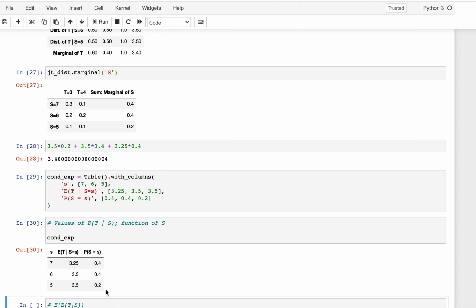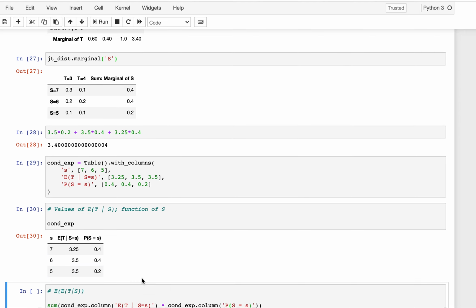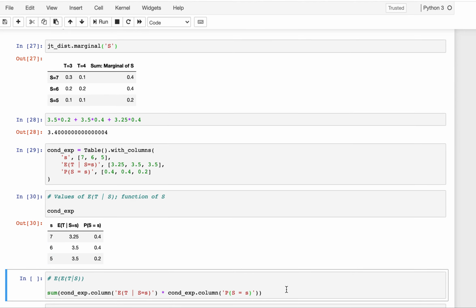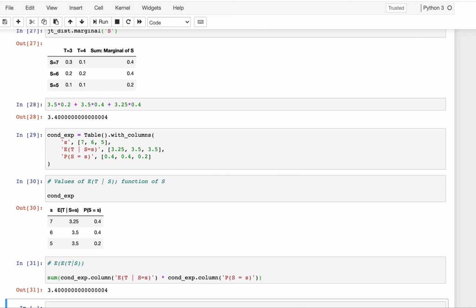You know how to take the expectation of a function of s: value times probability, etc. And if you do that calculation, that is, you multiply this column by this column, you get the unconditional expectation. So something wonderful has happened here, and we're now going to formalize it.